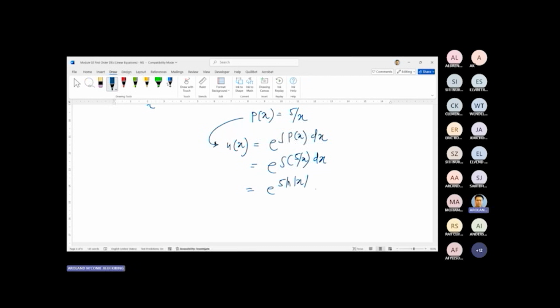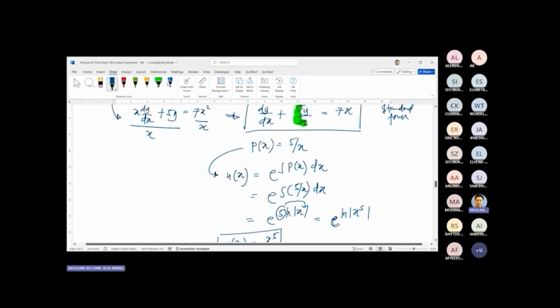Then the 5 you move to become the power of x, because you want to get rid of the exponent with ln. So x becomes x to the power of 5. Finally you have your u of x equal to x to the power of 5.